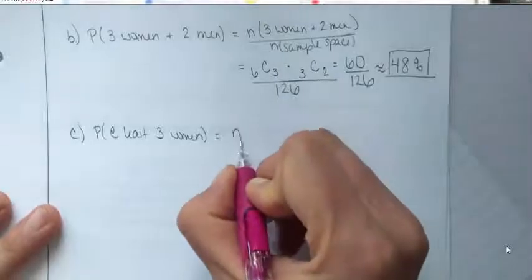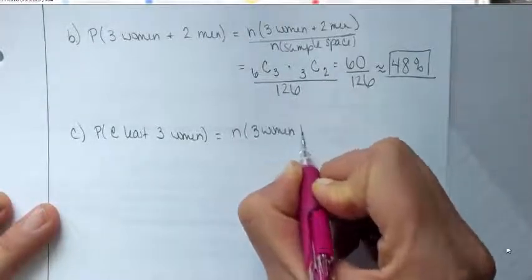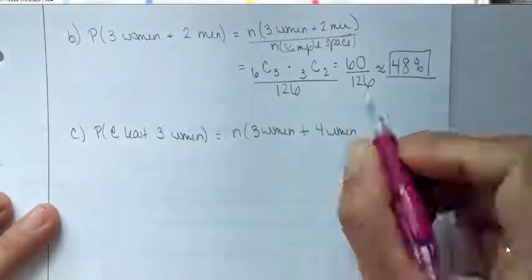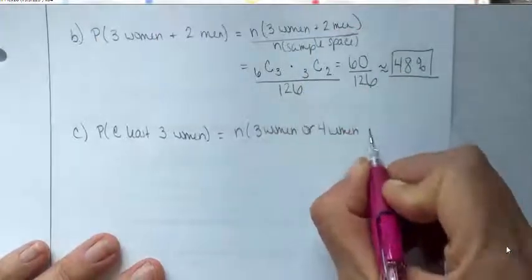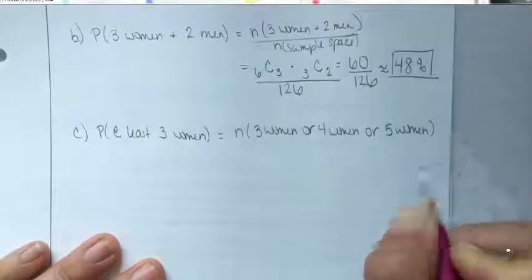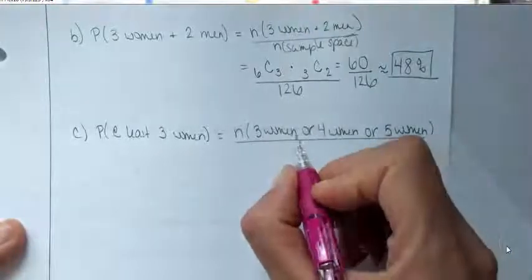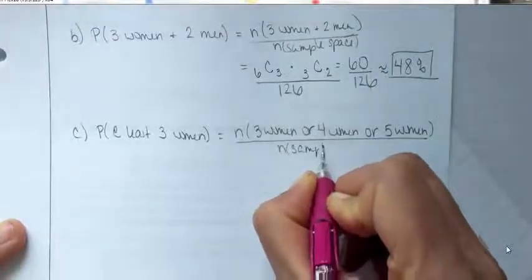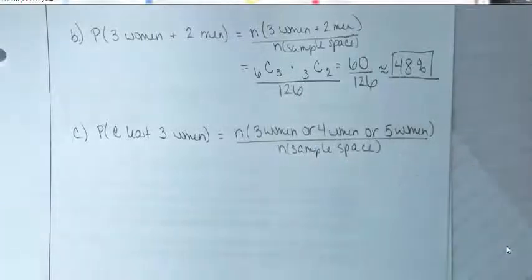So I need to figure out the number of either having 3 women or 4 women or 5 women, and that will be all over the sample space, which again is 126.